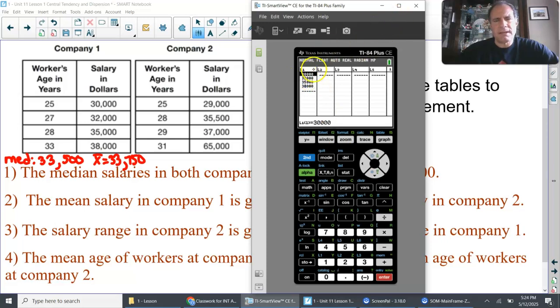And the salary range here is 30,000 to 38,000. So this is already sorted. So we could just subtract 38,000 and 30,000, and the range is 8,000.